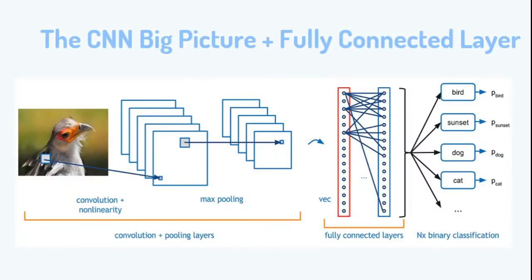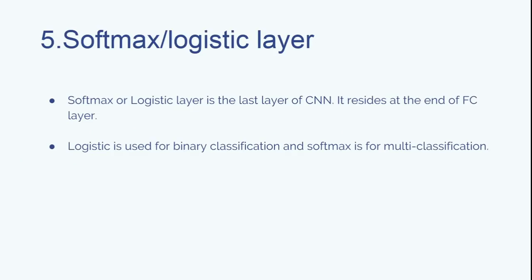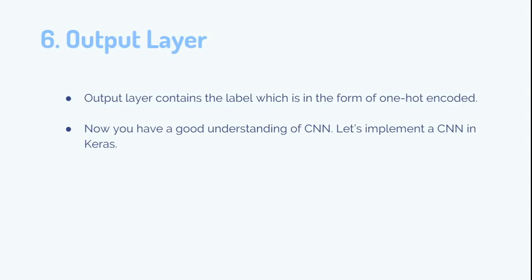So this is the feature: I am going to use convolution, maximum pooling, vectorization and binary classification. This is what we are doing in our algorithm. The fully connected layer connects each neuron to the next layer. Then Softmax predicts the output, and in the output layer we get the output label file.